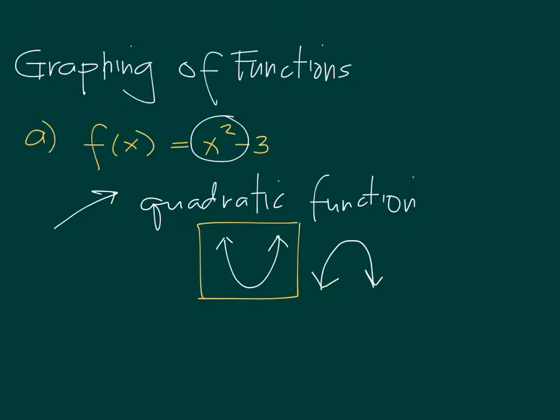the best way, I would say, to graph functions. Okay, so the first thing that you have to consider is what is the graph of the most basic quadratic function, and that basic function is f of x equals x squared, because all the other quadratic functions will just be a movement of the graph of f of x equals x squared.